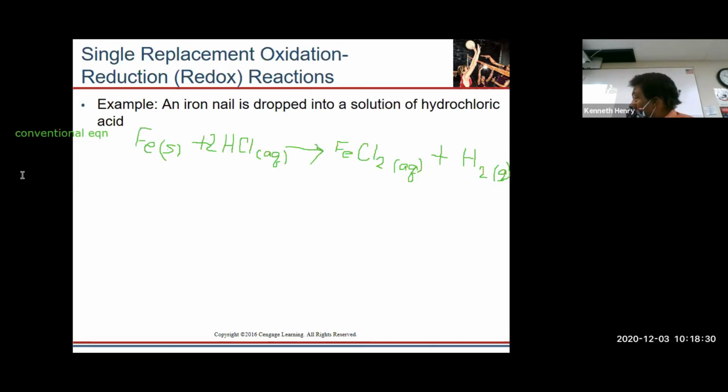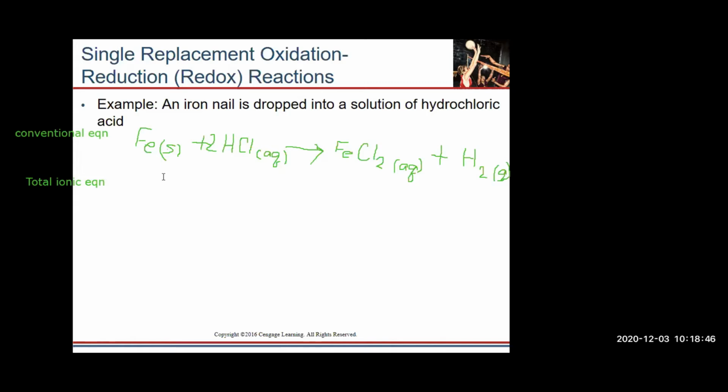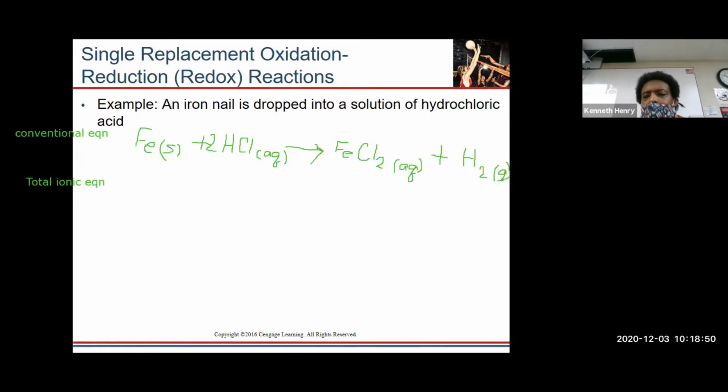Okay, so if we're going to do the total ionic equation, what are we going to do? We're going to break them apart, the things that we can break apart. So what can't be broken apart again?